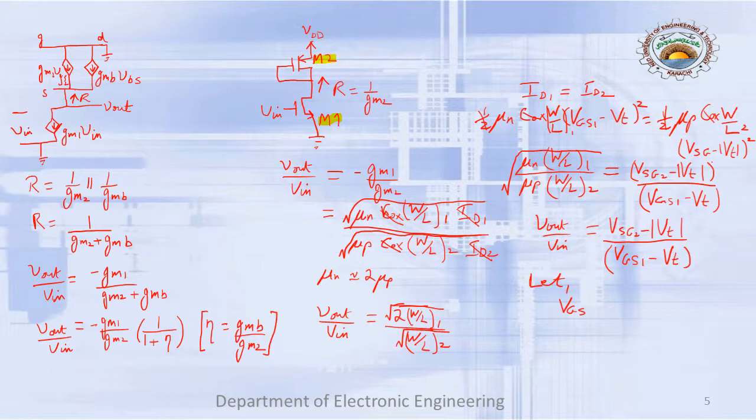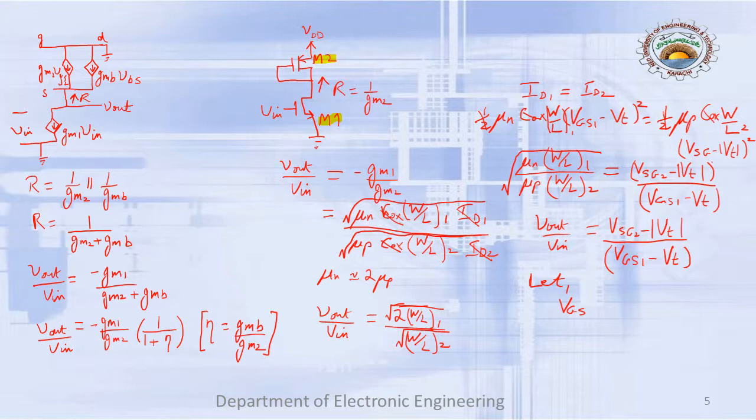Therefore, the output to input equation would change a bit and would now be equal to minus GM1 over GM2 plus GMB. This can be changed into another form, and to make it comparable to what we have done earlier, we can represent it as GM1 over GM2 times 1 upon 1 plus eta.